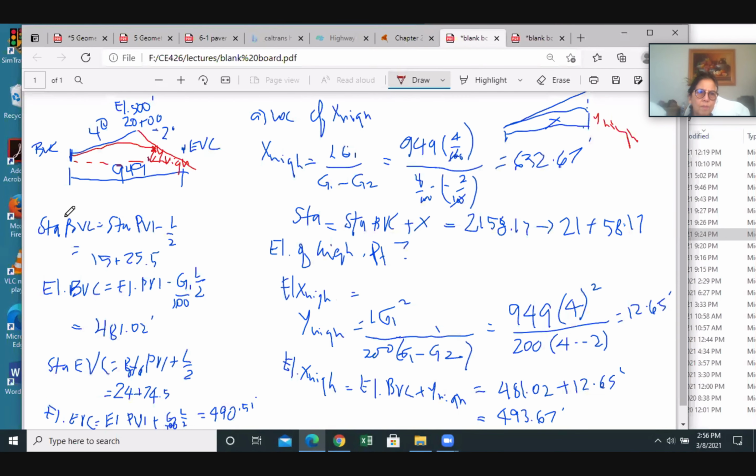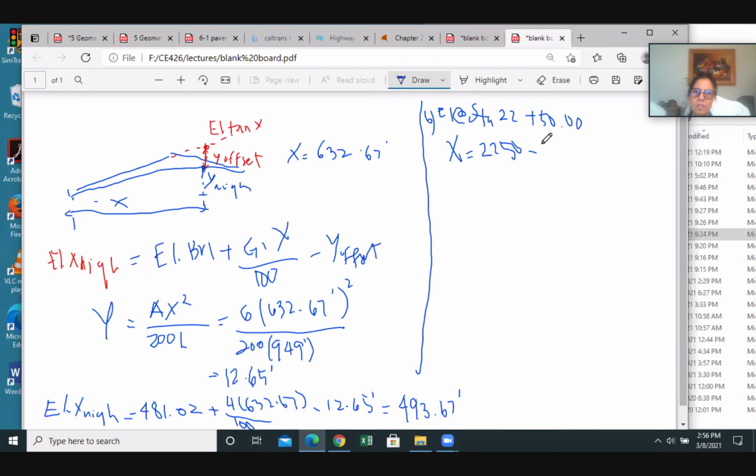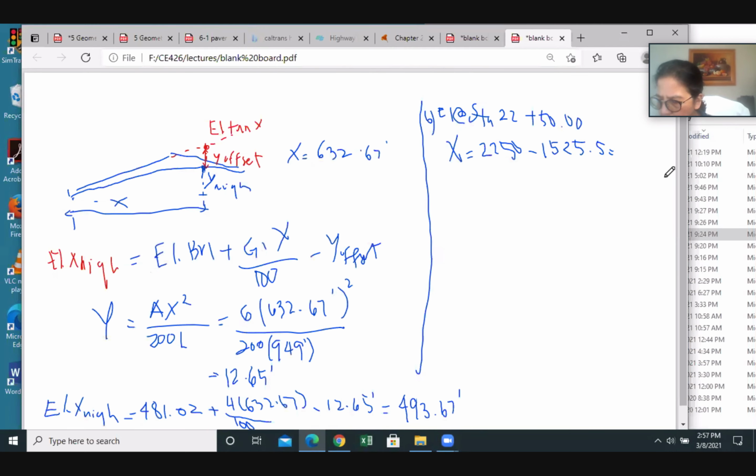The station of the BVC is 1525.5. So that's the value of our x. So 2250 minus 1525.5 will give us x.